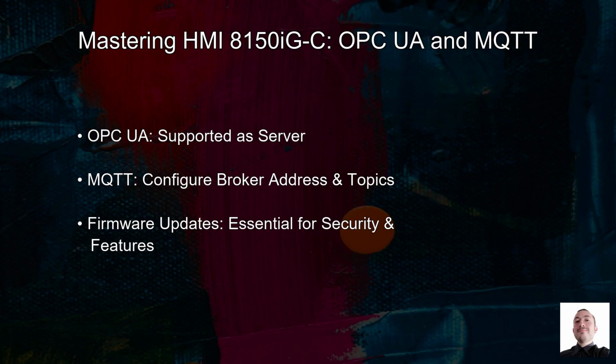To wrap up our deep dive into the HMI 8150iG-C, let's synthesize the critical points regarding OPC UA and MQTT. First, the HMI 8150iG-C does indeed support OPC UA as a server, enabling seamless integration with industrial automation systems.